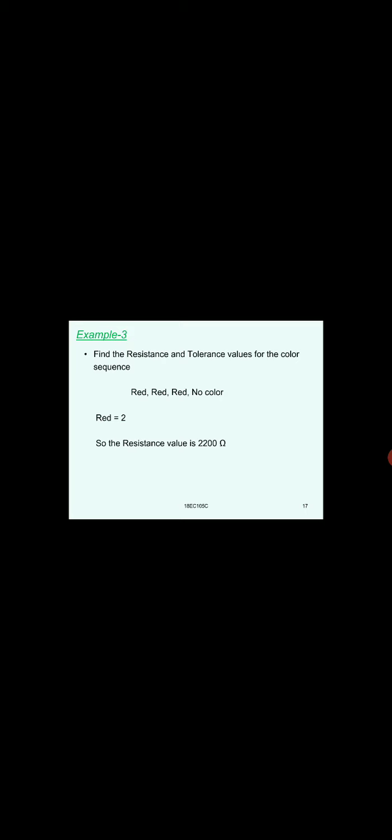Tolerance is, there is no color, that means it is 20%. So it is 440 ohms here. If you calculate the range of the resistor value, it will be 1760 ohms to 2640 ohms. Okay.